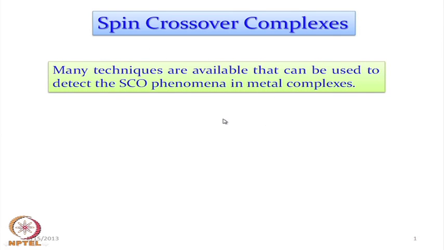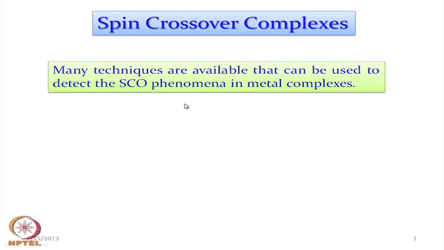So, we will just go through some of these techniques, because the basic reason behind the formation of these types of complexes we have discussed. So, what are the techniques available which can be useful to detect this phenomenon in different transition metal complexes where we have unpaired spins?